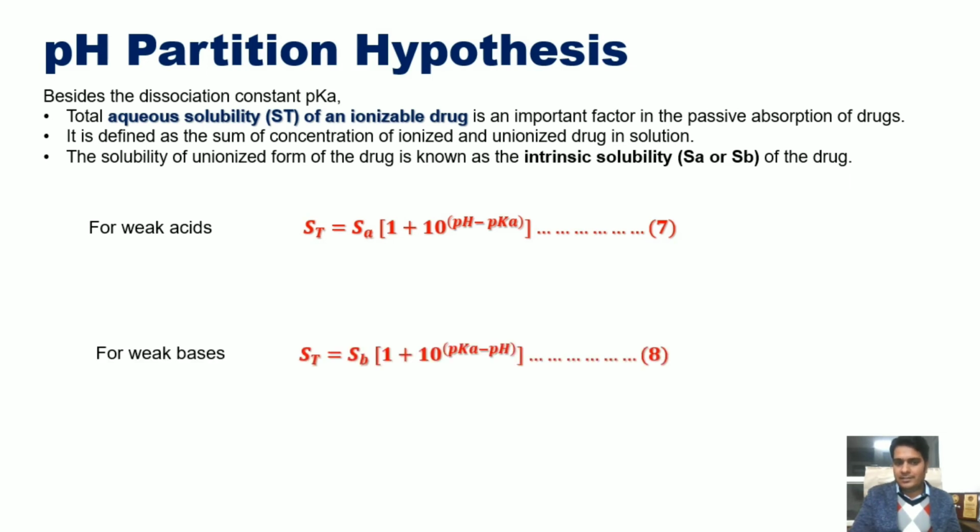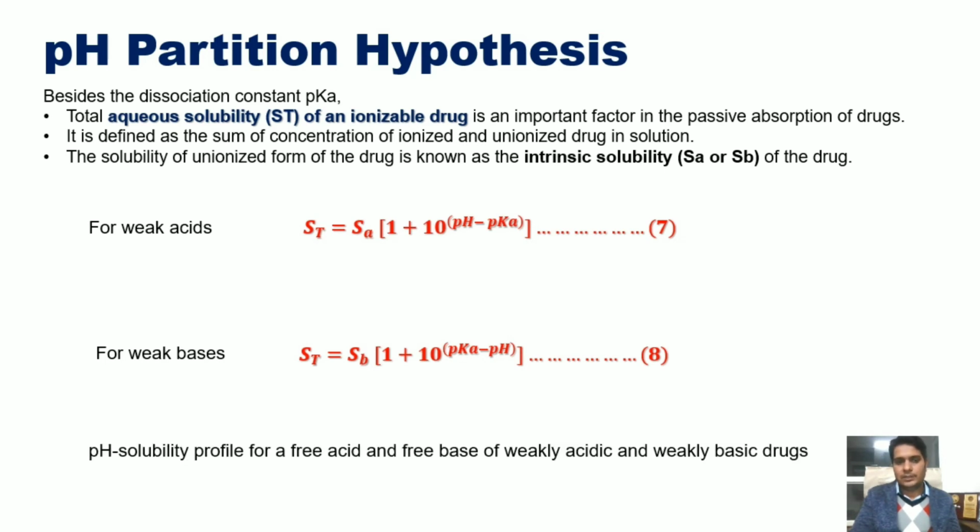And for weak bases, it will be equal to the solubility of the weak base times bracket 1 plus 10 to the power pK minus pH. So the pH solubility profile for a free acid or free base of weakly acidic and weakly basic drugs is given in these equations.